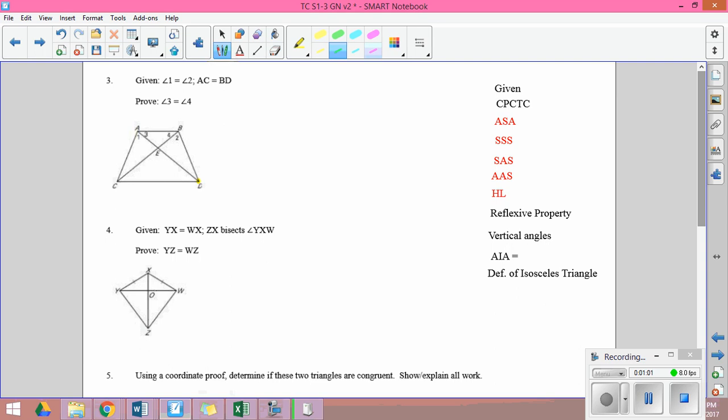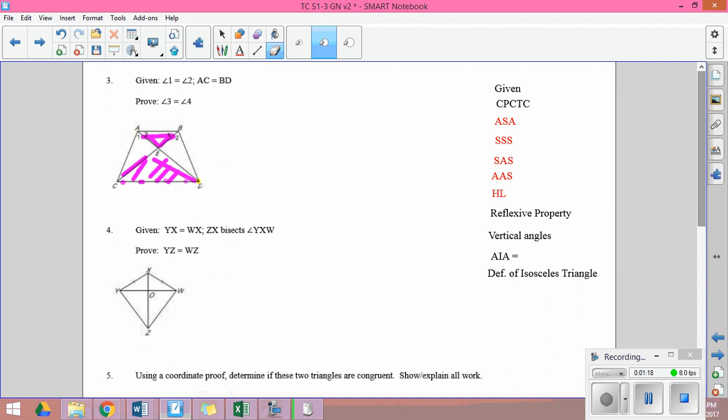Perhaps I'm going to only be looking at this little triangle, or perhaps I'll look at this bottom triangle. They're probably not congruent, but maybe there's something through CPCTC that I could say about those.